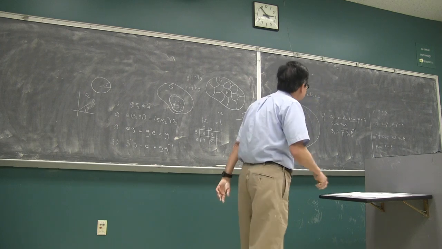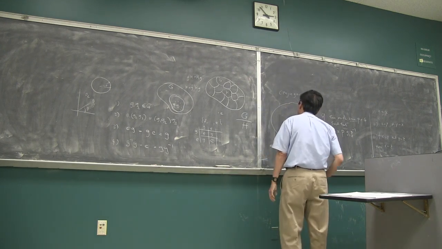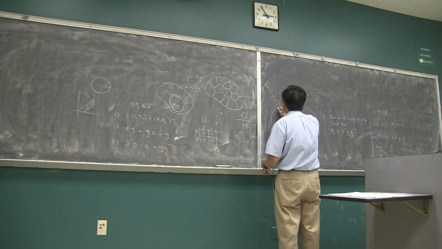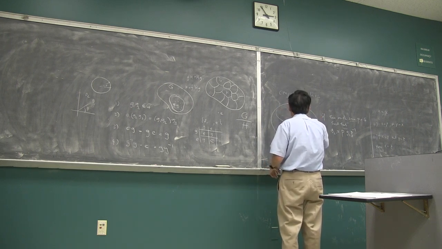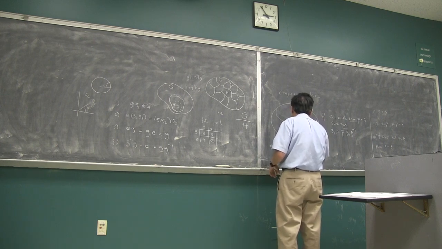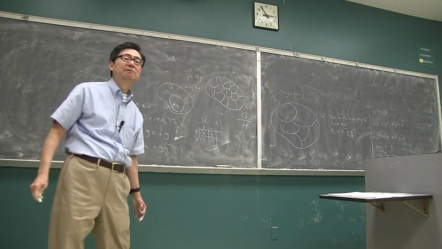In other words, if you have a set, whatever it is, may not even be a group, you introduce an equivalence relation which satisfies those three conditions, you can always use that equivalence relation to split up the set into disjoint sets.